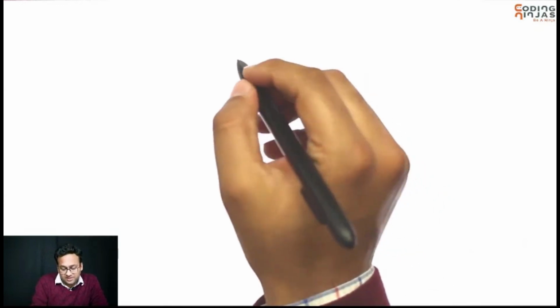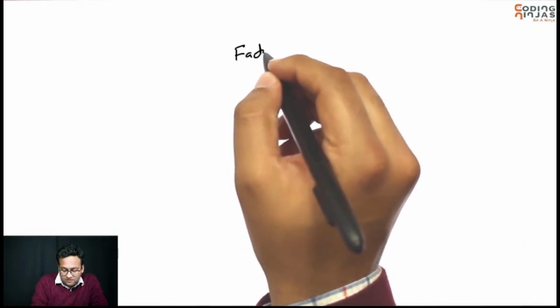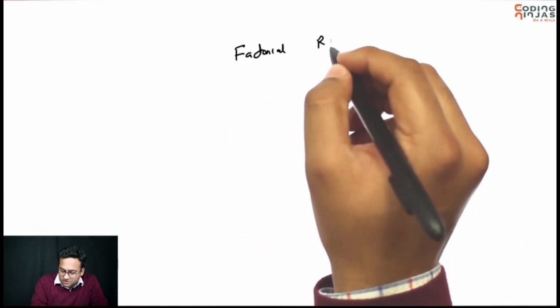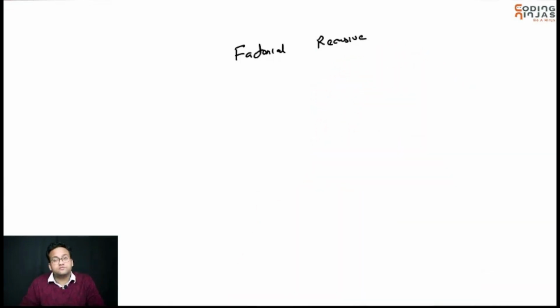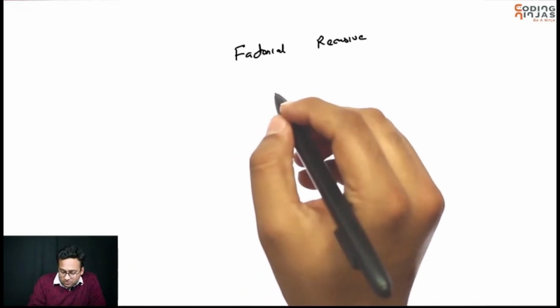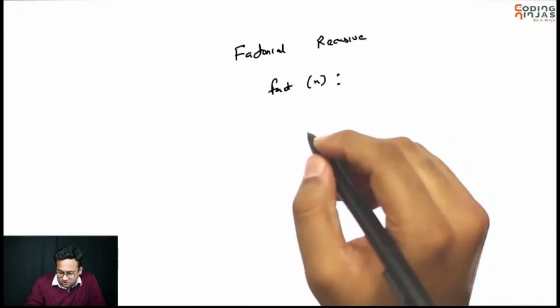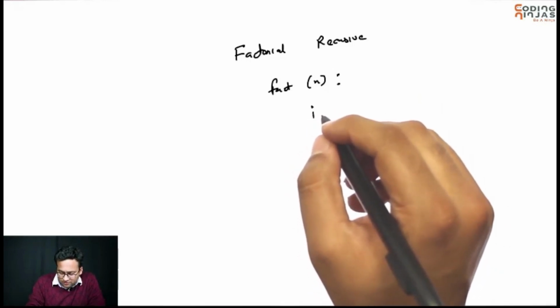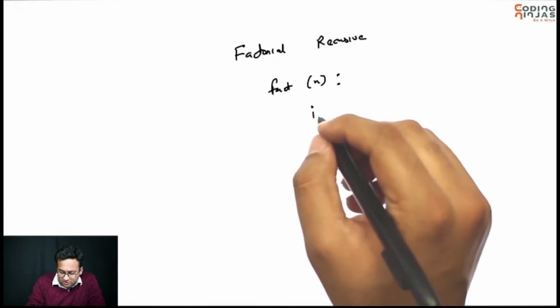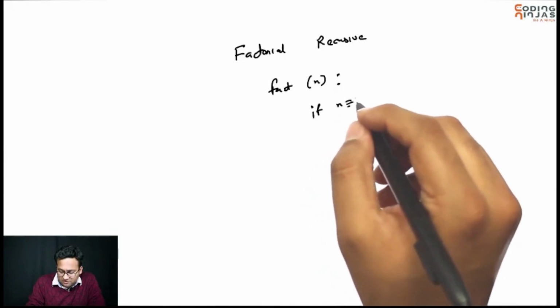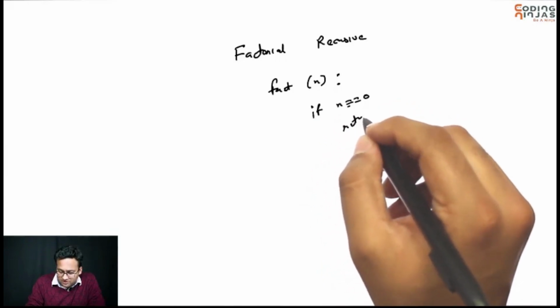Now let's take something interesting. Factorial, but recursive. Let's say this is my function of factorial. Because it is recursive, I am going to check if n equals 0, I will return 1.